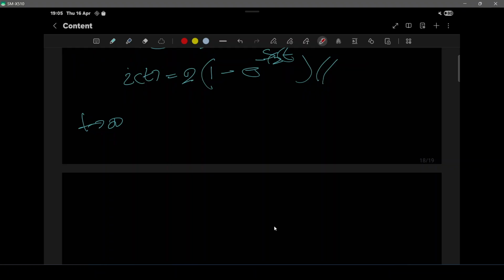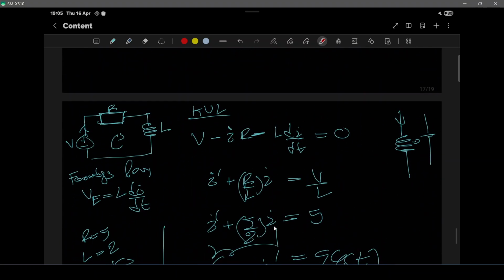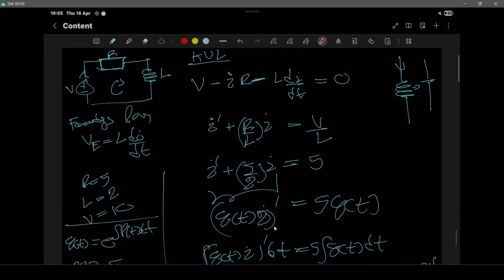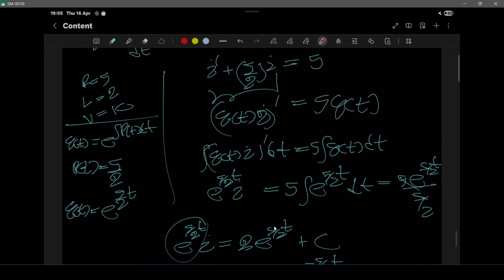This is a really easy circuit, because if there are more complex circuits, you cannot solve the differential equation easily. So there is a method called Laplace transformation. By using Laplace transformations, you can do these things very quickly. We will do those also in future videos.